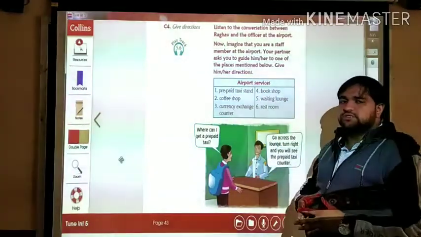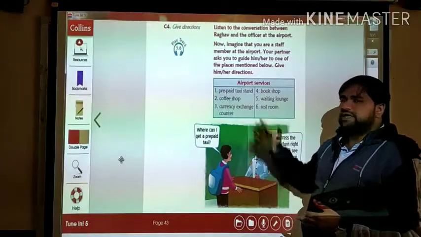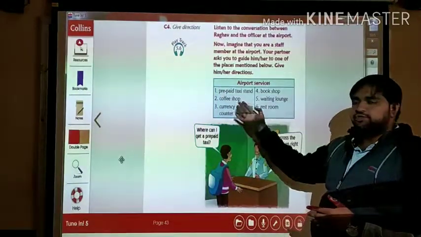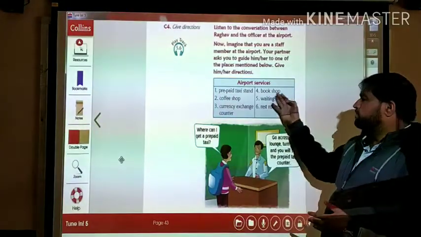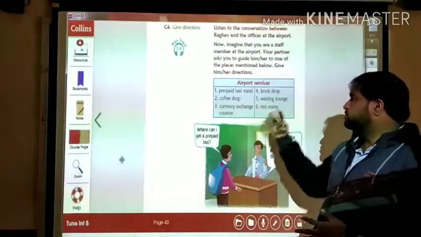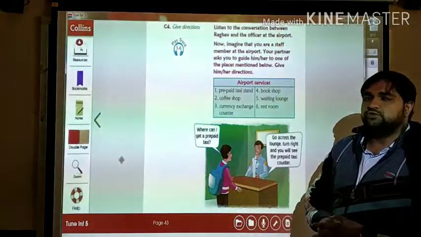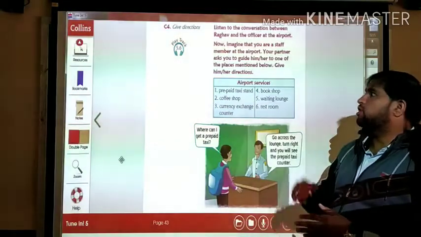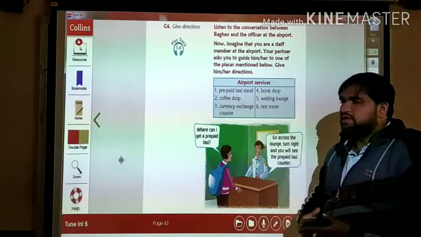Here are the services of the airport. What are the services given here? Prepaid taxi stand, coffee shop, currency exchange counter, bookshop, waiting lounge, and restroom. So these are the places we can find at the airport, and you have to play the role of Raghav and staff member.